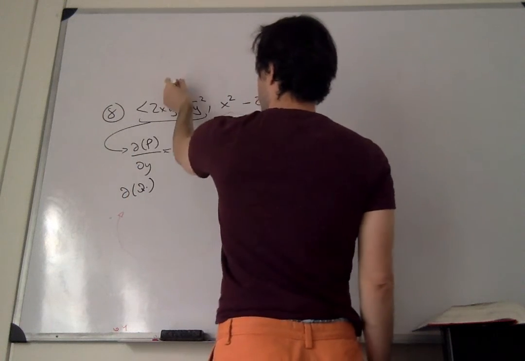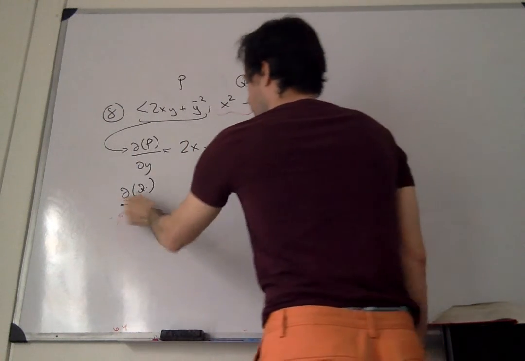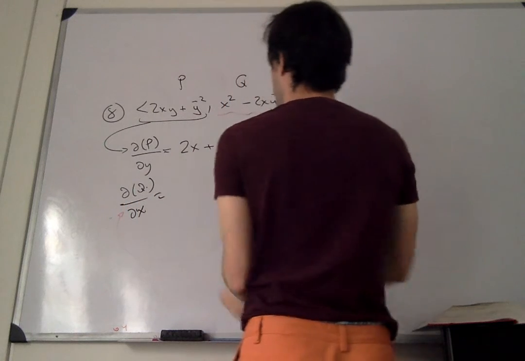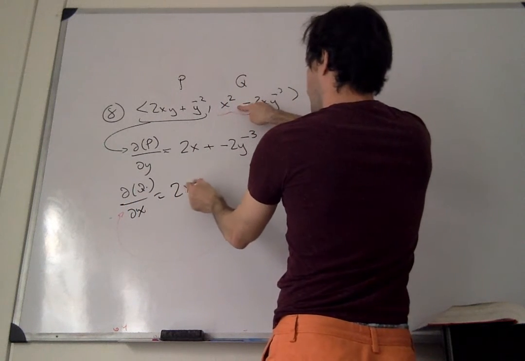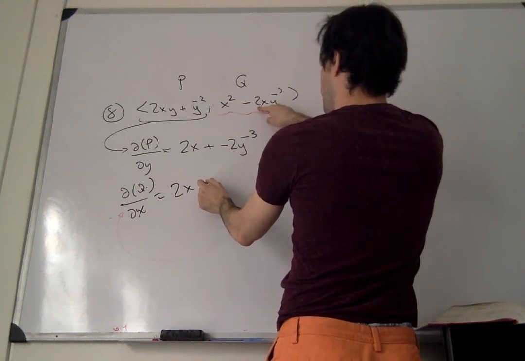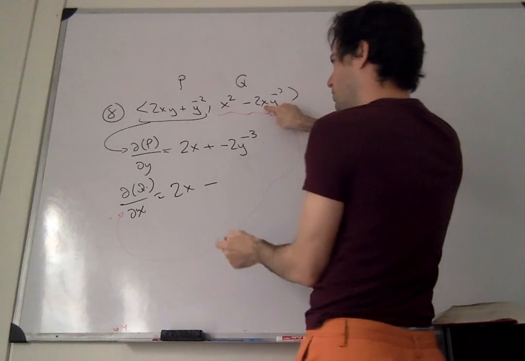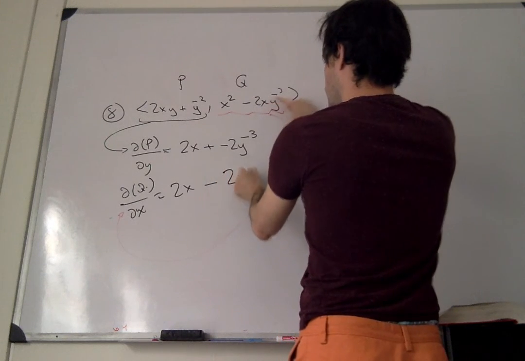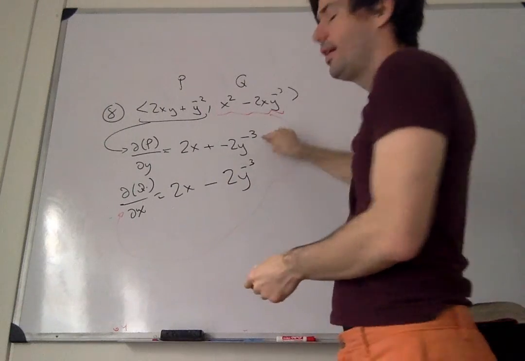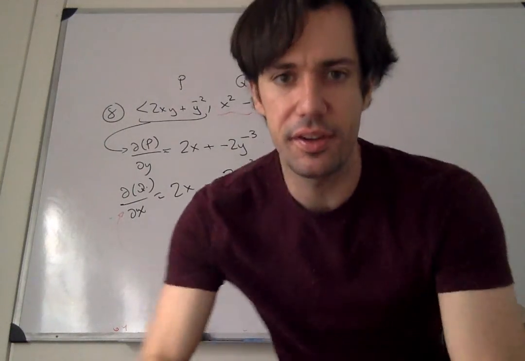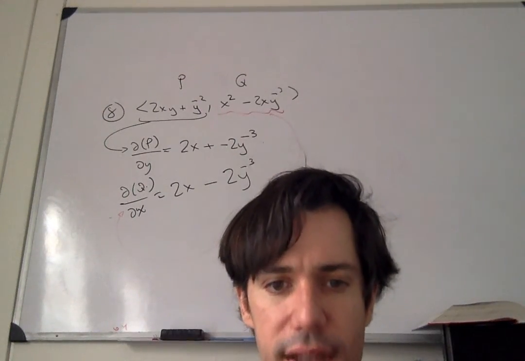This is P and this is Q. The derivative of this with respect to x is going to be 2x minus, that x is going to go away, so it's going to be 2y to the minus 3. These are equal, therefore this is conservative, and I'll see you in the next video.